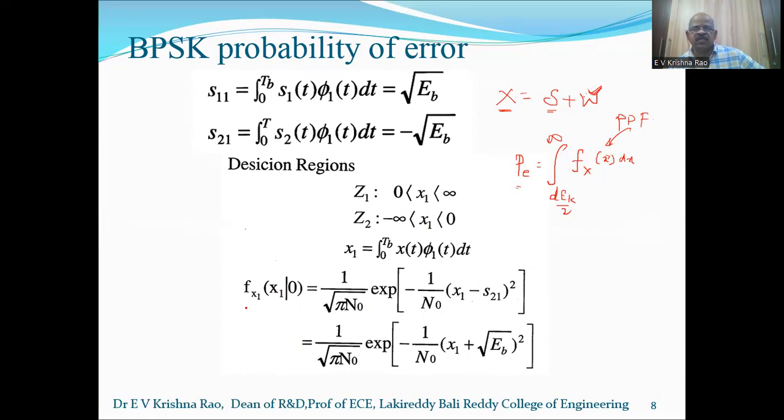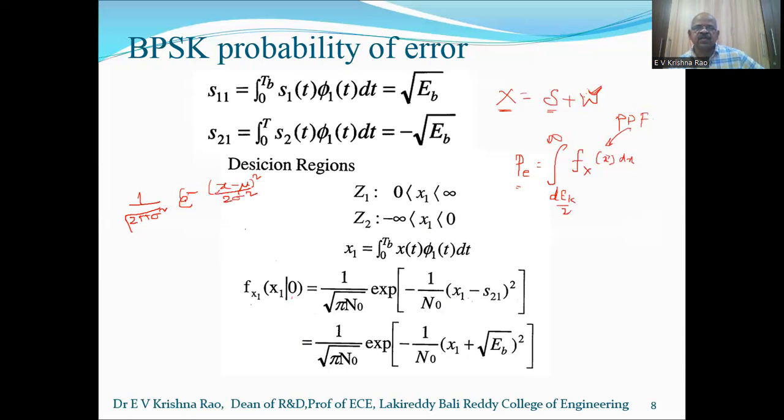So the probability density function of the Gaussian random variable f(x) when 0 is transmitted, you can take it as 1 by root 2 pi sigma square, e power minus (x minus mu) square by 2 sigma square.